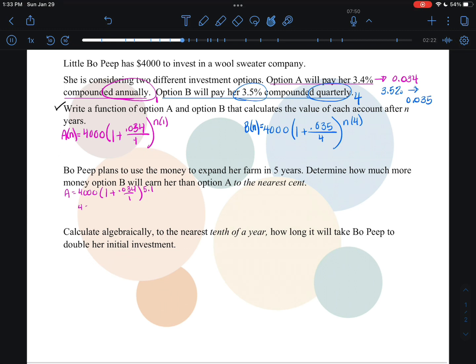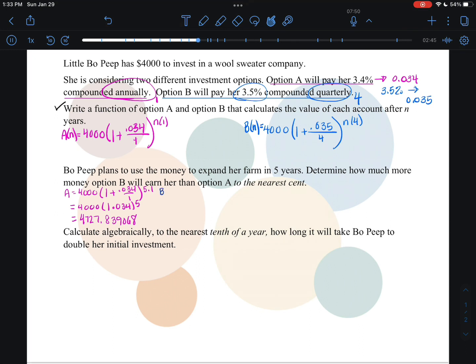Simplifying that, I get 4,000 times 1.034 to the 5th power, and putting that in my calculator, that gives me 4,727.839068.